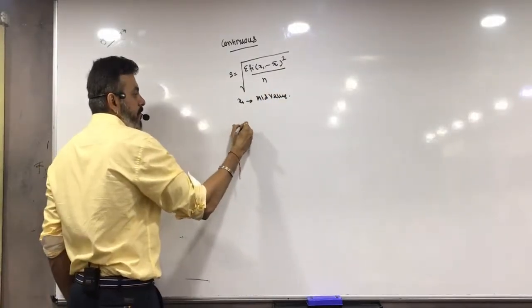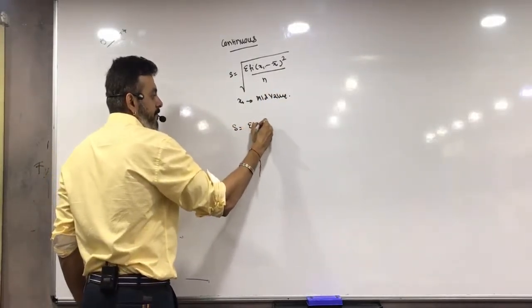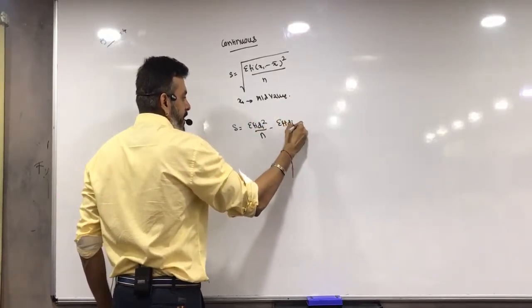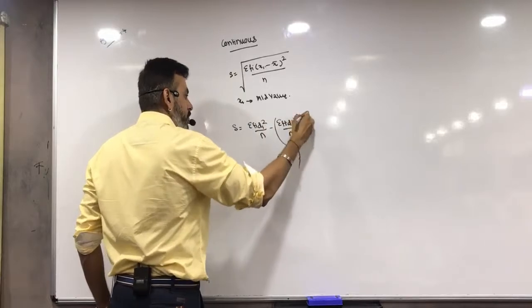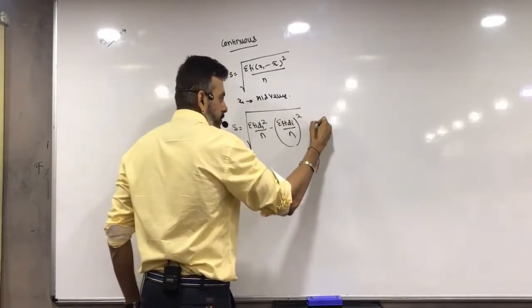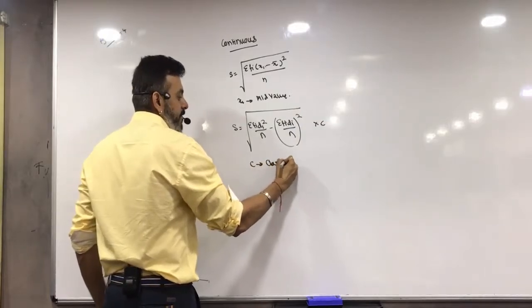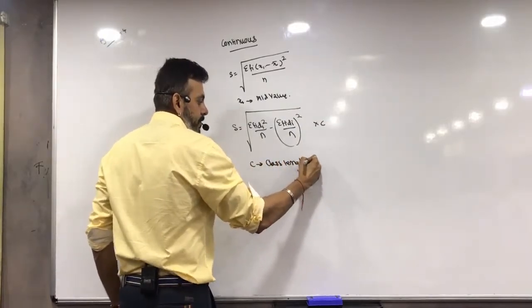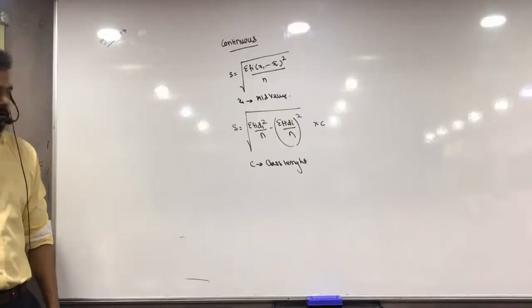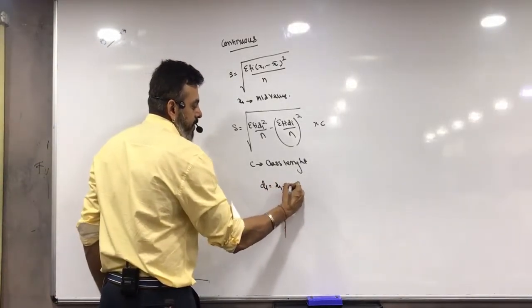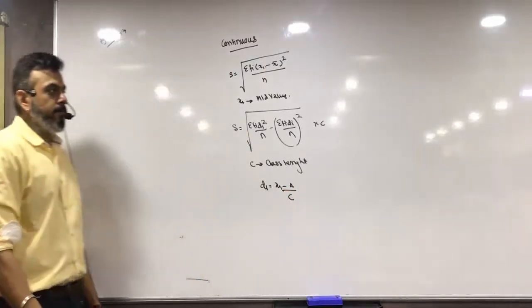And for shortcut method, sigma fi di square upon n minus sigma fi di upon n the whole square, the whole under root into C. What is C? C is the class length. Okay? And di is equal to xi minus a upon C.